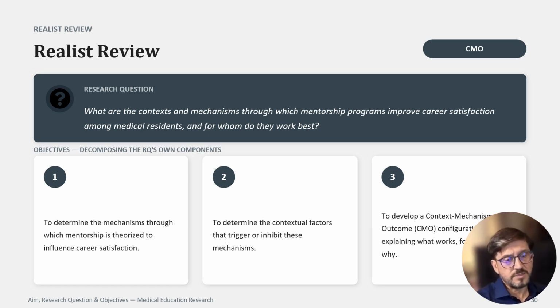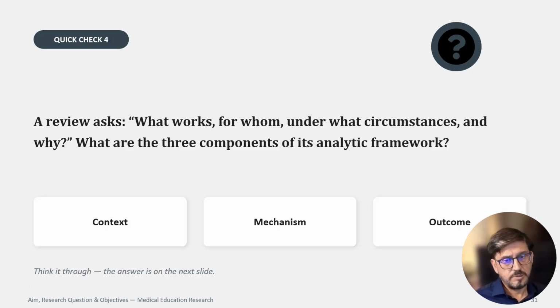Realist reviews are mainly process-based, and hence you can see that we're talking about context and mechanisms here. So a review asks what works for whom, under what circumstances, and why. What are the three components of its analytic framework? Think about what's the context here, what's the mechanism here, and what's the outcome.